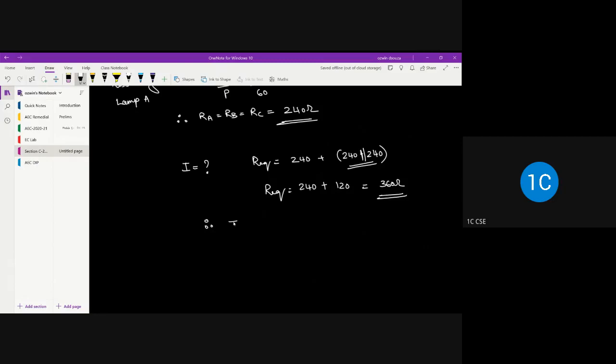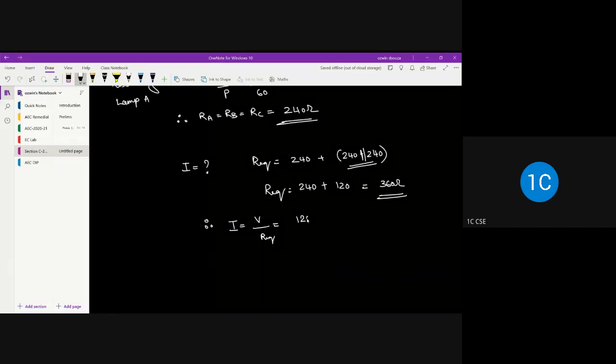Therefore, current I is equal to V by R equivalent. The voltage is 120, so it is 120 divided by 360, which is 0.33 amperes.